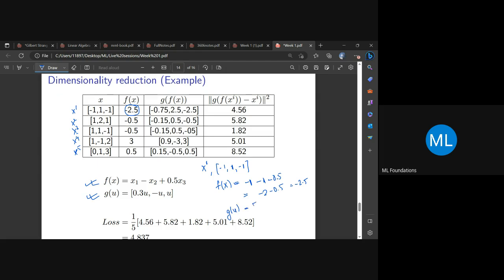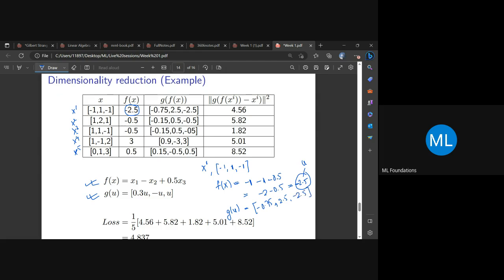What is u here? u is this value here, minus 2.5. Now you will do 0.3 of u, so that will be minus 0.75, then minus u, that will be 2.5, and then you will have u, that is minus 2.5, right?